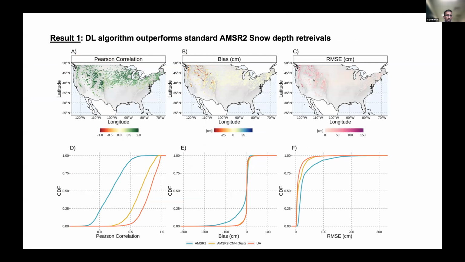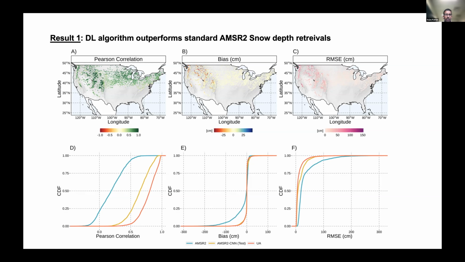First is to see whether we can outperform the standard retrievals, and not surprisingly, we see that the machine learning algorithm does a lot better than those simple empirical retrieval approaches. This compares the performance of the machine learning based product to ground measurements.